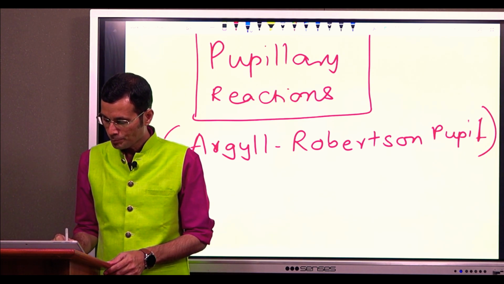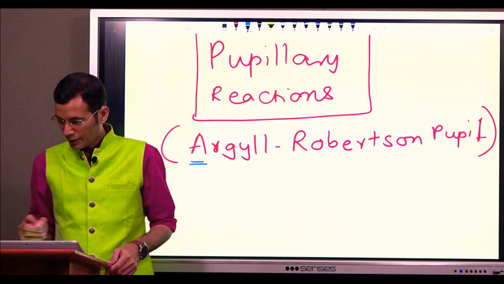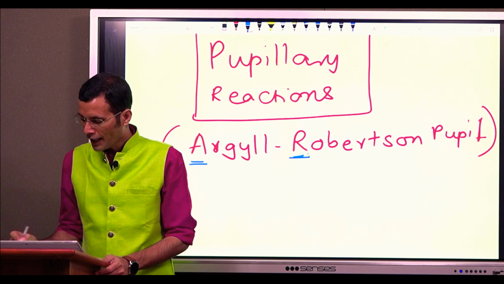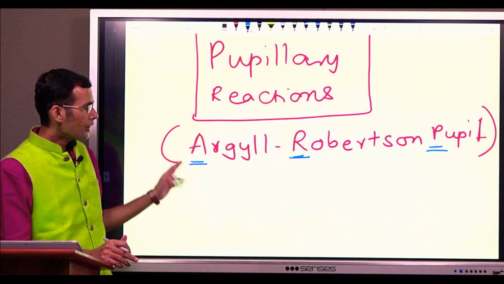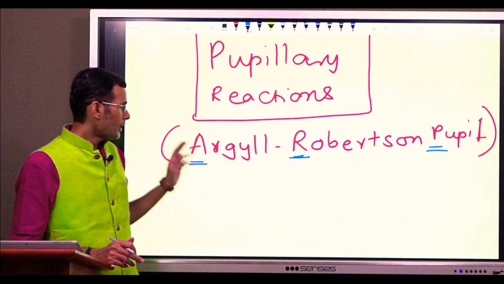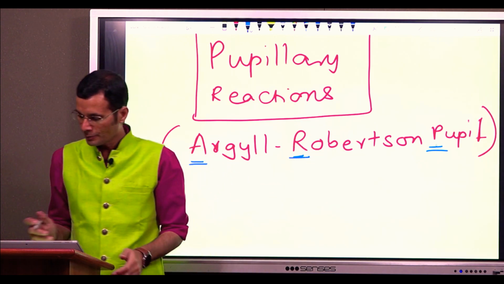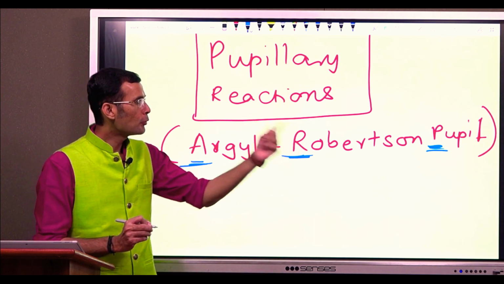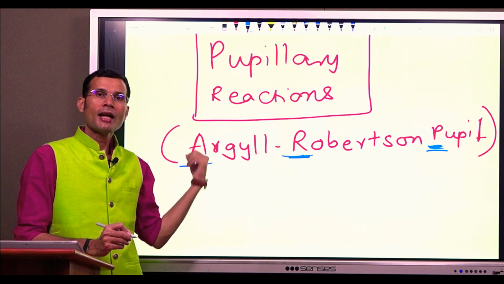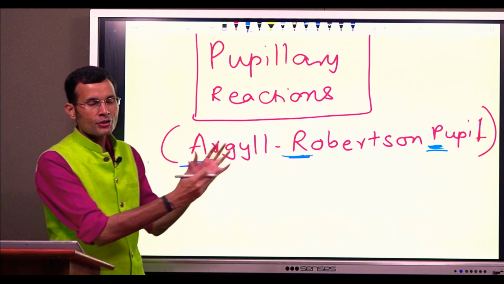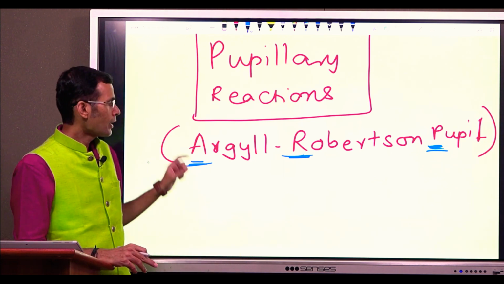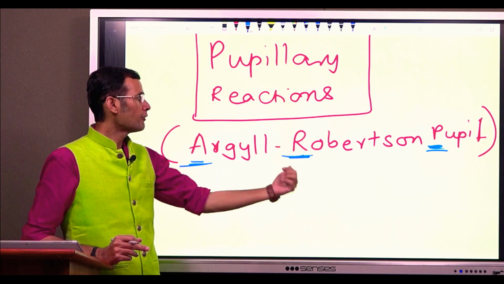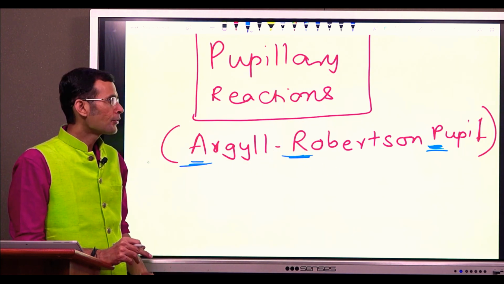In this pupil, and this is a famous mnemonic, ARP: accommodation reaction present, but PRA, pupillary reflex absent. So Argyll Robertson pupil is described like this: accommodation reaction is present, but pupillary reflex is absent.